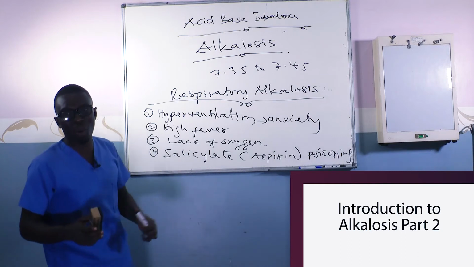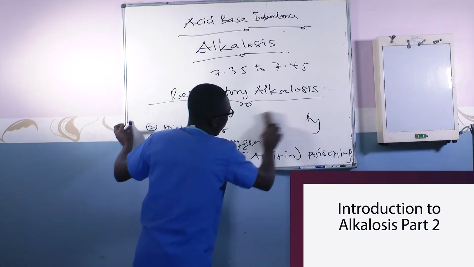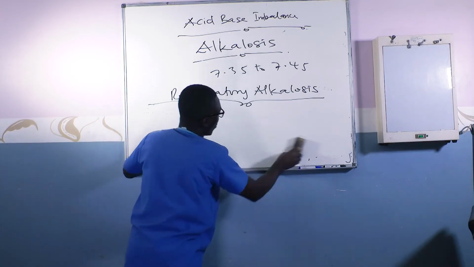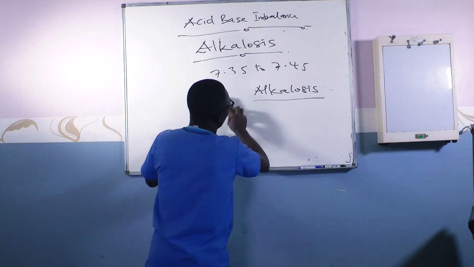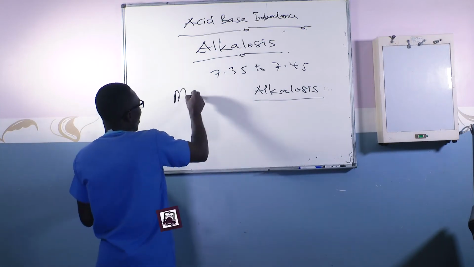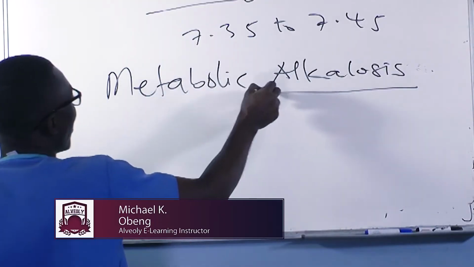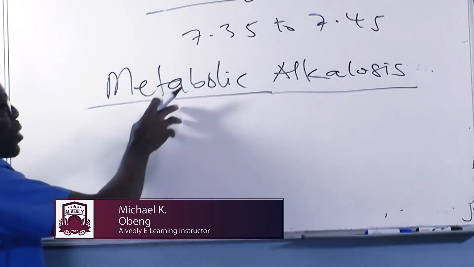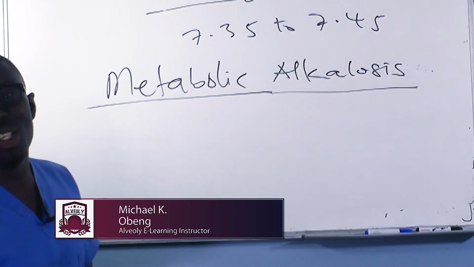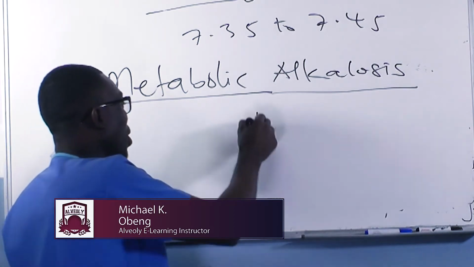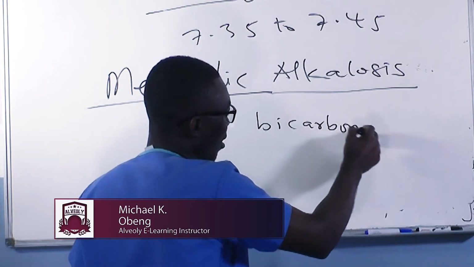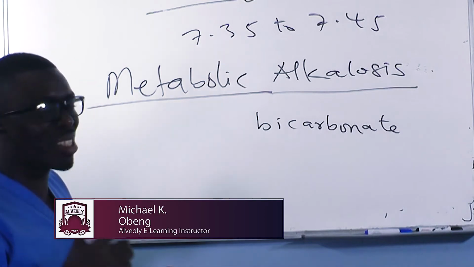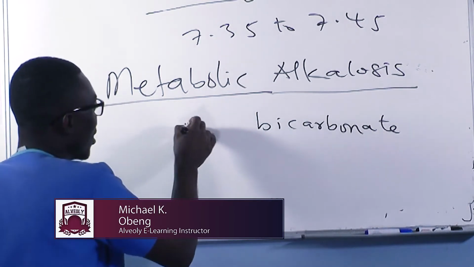Now let's look at metabolic alkalosis. So in metabolic alkalosis, with the same explanation that we gave in acidosis, we are saying that when there is a metabolic activity that leads to excessive bicarbonate accumulation, or a metabolic activity that leads to excessive loss, so this one is increase.